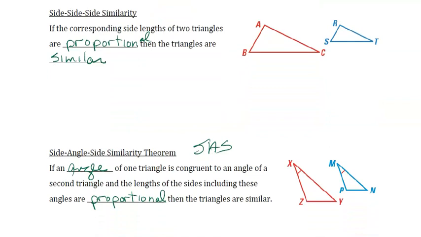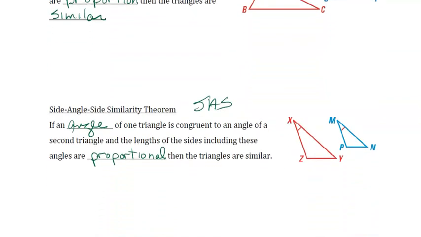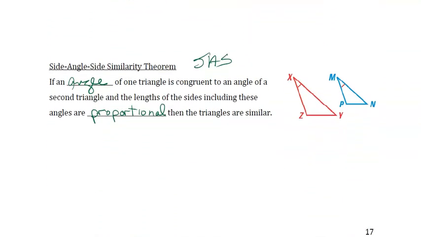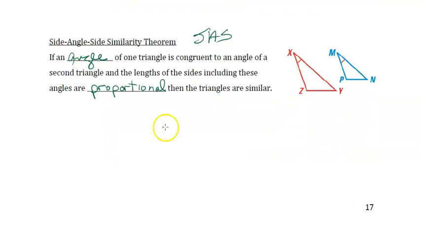Okay, so here's our second theorem. And this is side, angle, side similarity. So when you have this situation, you need to be given an angle that's sandwiched between two sides that are shown to be proportional. So here's our angle. So that's part of it. I have these two angles congruent.